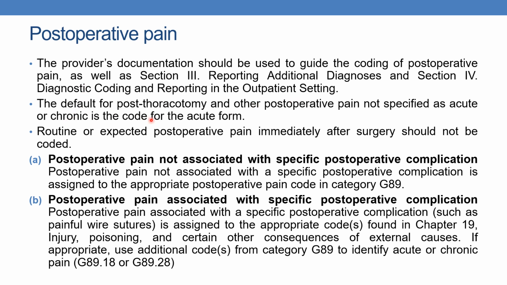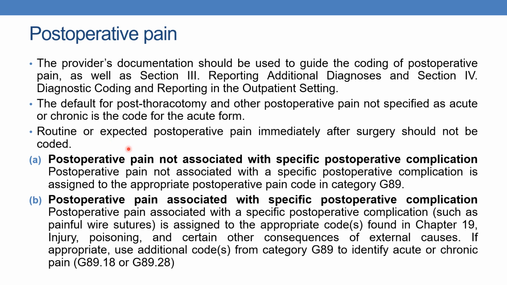The default for post-thoracotomy and other post-procedural pain not specified as acute or chronic is the code for the acute form. This is important. If it is not mentioned whether it is acute or chronic, by default you need to code the acute form.